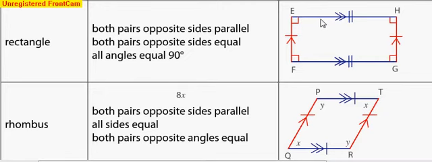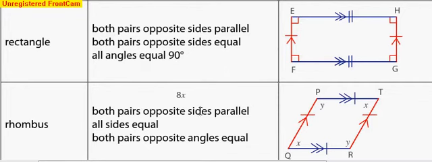Furthermore, the blue sides are of the same length, so opposite sides are parallel and of the same length. The red sides are the same length, so also parallel and the same length. And again, the blue lengths and the red lengths don't have to be the same. All the angles of a rectangle are 90 degrees.